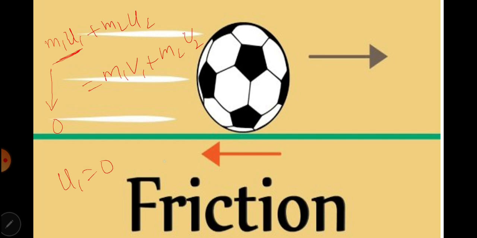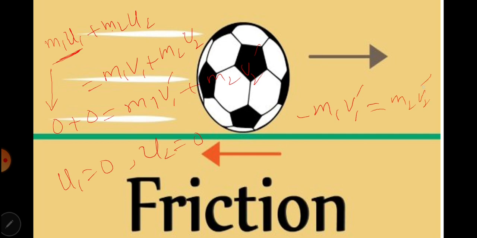The gun is also at rest, so the gun velocity is also equal to 0. So 0 equals m1 v1 prime plus m2 v2 prime. This equation can be written as minus m1 v1 prime is equal to m2 v2 prime.